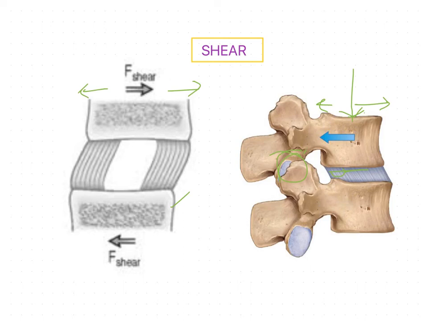So these are all about the kinetics of the spine. Okay, so what we have already discussed in the previous sessions about kinematics and kinetics, we are going to relate to the different regions, like what kinematics and kinetics we can observe in the cervical spine, the thoracic spine and the lumbar spine.